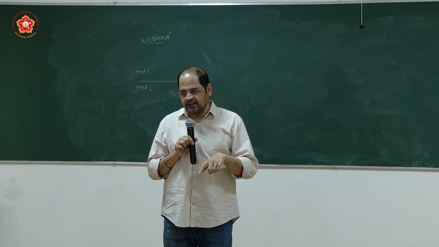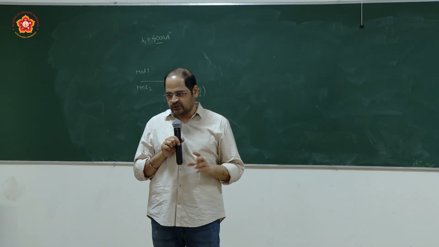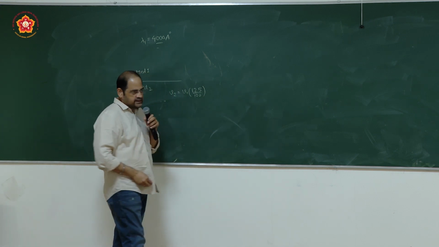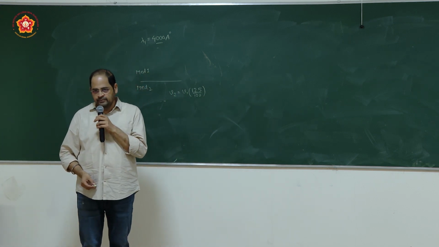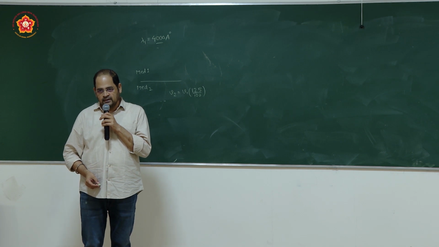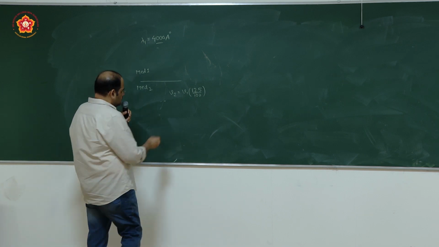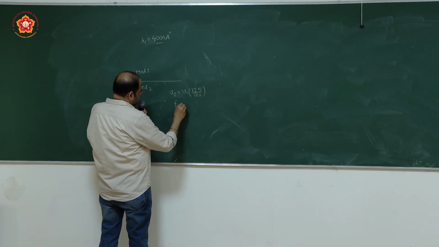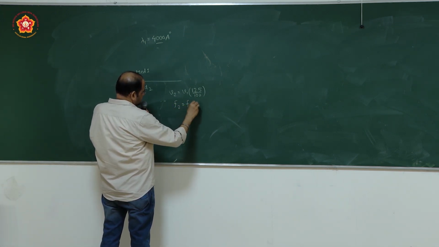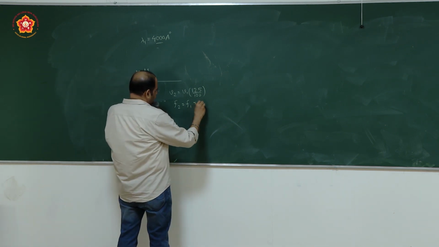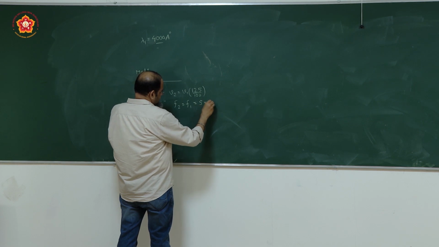If you solve it, it will be 125 upon 100, so it is 1.25 times V1 in the second medium. What else is given to you? Frequency in the second medium is equal to frequency in the first medium, which is 5 into 10 to the power 14 hertz.